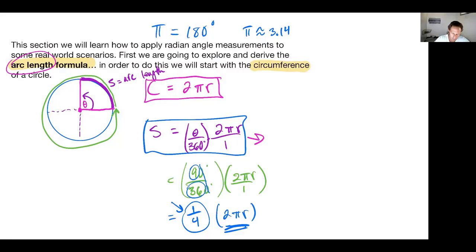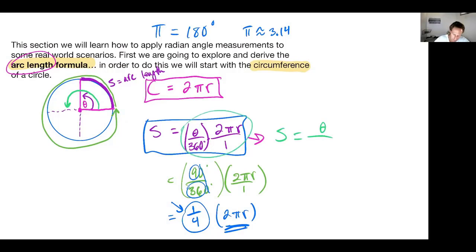We're going to say that the arc length, S, we're using it for that section of the circle, is going to be equal to whatever theta is, whatever that angle that we're going to rotate around, maybe pi, maybe something in between, 180, 220, whatever it might be. But it's going to be out of 360.